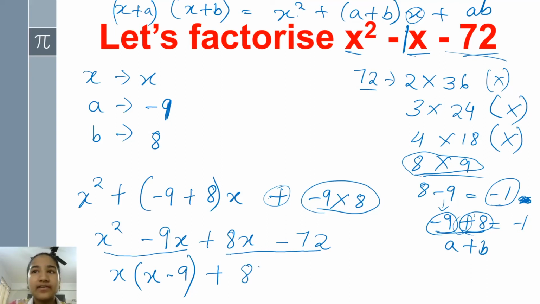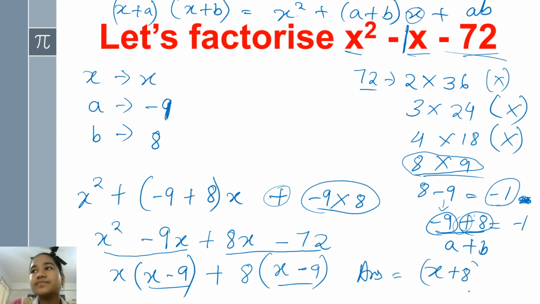So the common factor is 8. Then what will be remaining? X minus 9. So now x minus 9 is the common thing. So our answer is equal to x plus 8 and x minus 9. So haven't we factorized this complete expression? Yes, it's quite easy, I hope so.